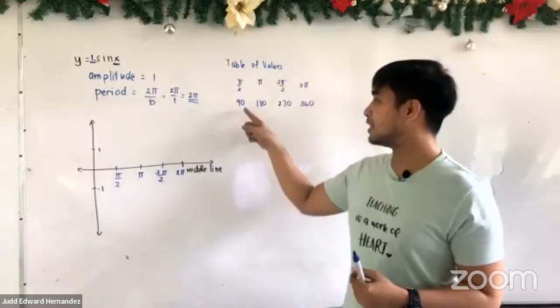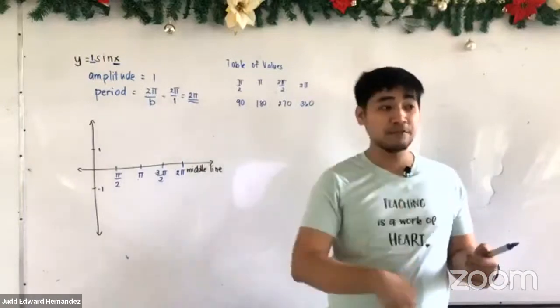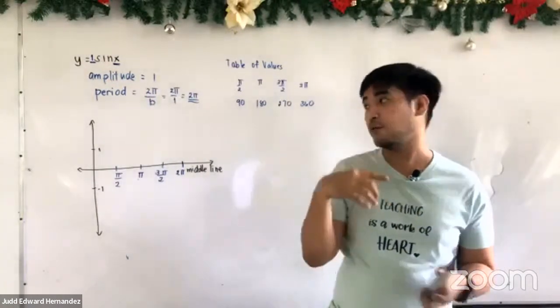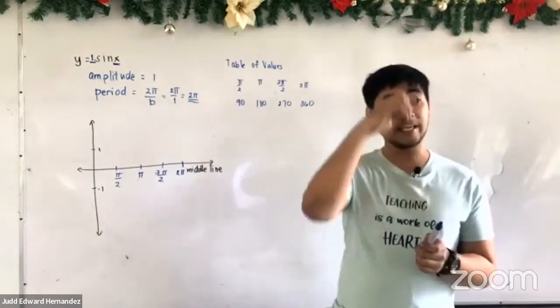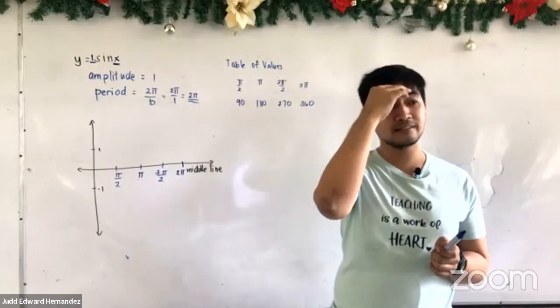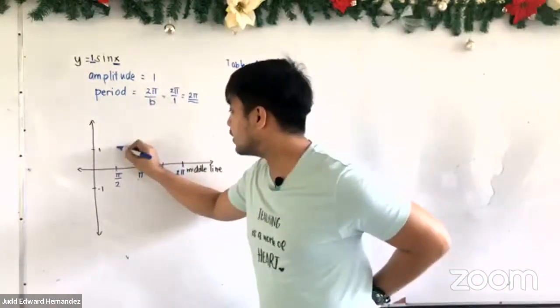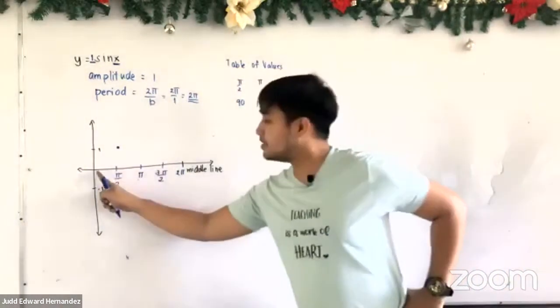Okay. So, simulan natin. 90. Sine of 90. Is there a value for sine 90? Yes or no? Yes po. Positive 1. Okay. Lagay ka ngayon dito ng point sa positive 1. May nakalimutan tayo. Sine 0.